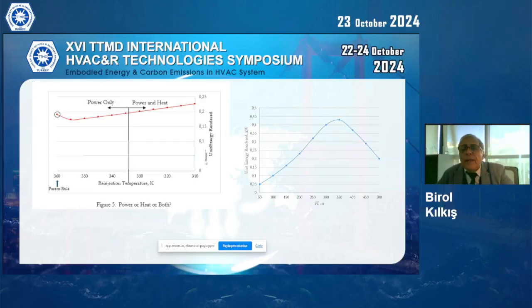And on the right hand side, as you see, we can also optimize how deep our well should be, depending upon the temperature. As you know, the deeper the well, the higher the temperature. Therefore, there is an optimum, and this optimum is also, by a good coincidence, around 340 Kelvin.